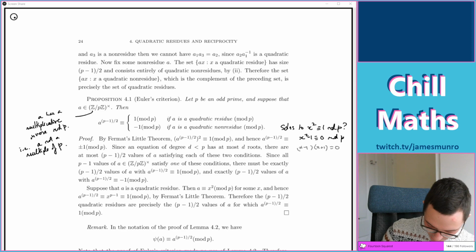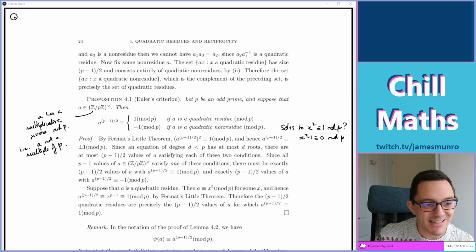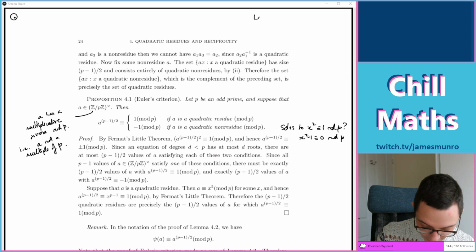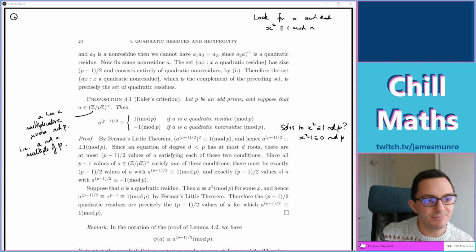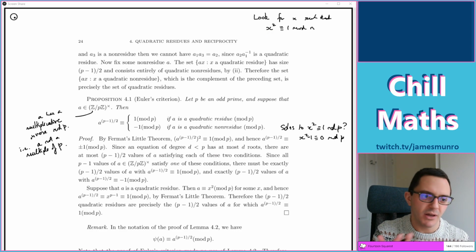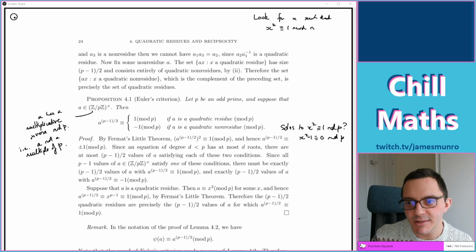So here's a kind of weird fact. No, you like this. This is standalone weirdness. Let's say you're looking for x such that x squared is 1 more than a multiple of n. And we're only going to check things between 1 and n, let's say. 1 works.